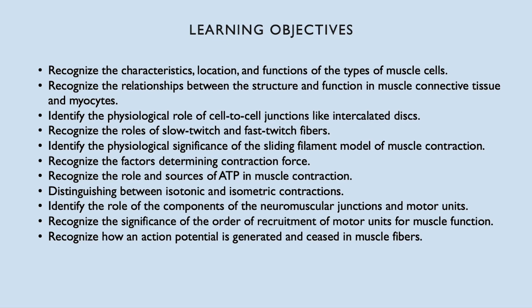And we are going to be trying to understand what is a motor unit, the different types of motor units that exist in the muscles, how important they are for muscle function, and the order of recruitment of different motor units depending on what type of exercise we are doing, okay, what is the force that the muscles need to develop, for how long. And we are going to be talking about action potentials.